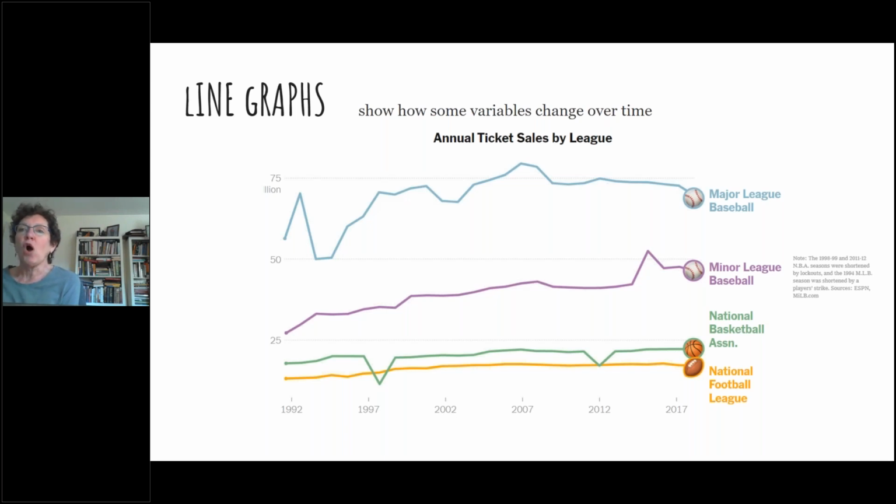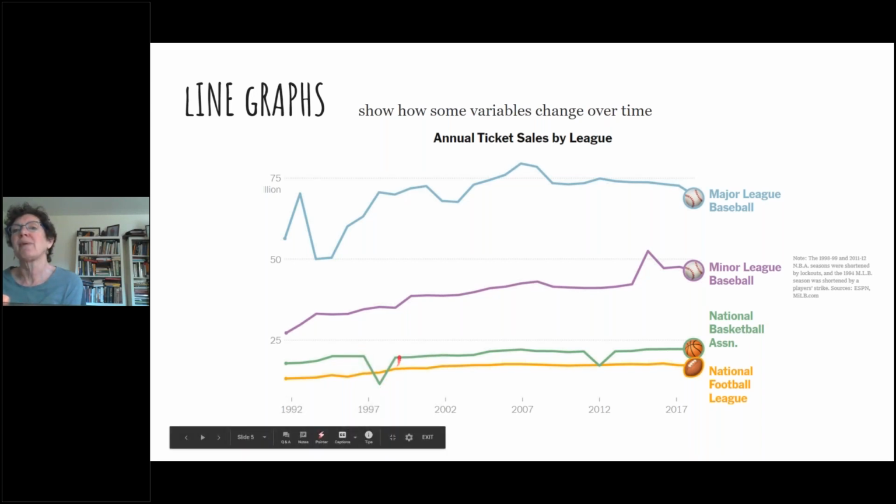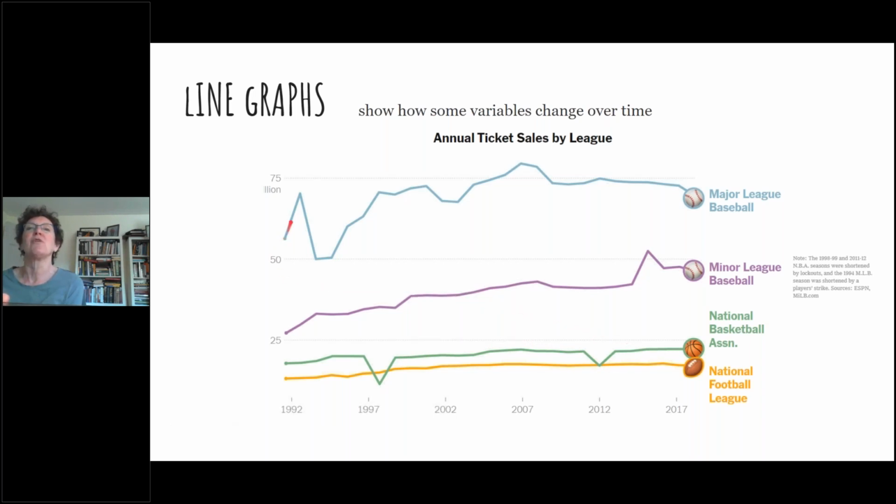So those are always interesting things to look at when you have a general trend that either spikes up or spikes down. You want to know what happened. I would like to also know what happened here. Why did this go up so sharply?